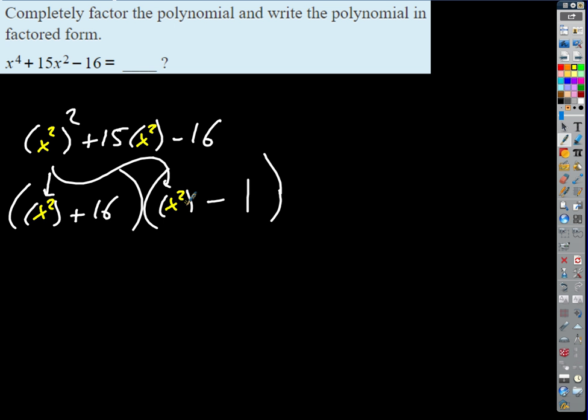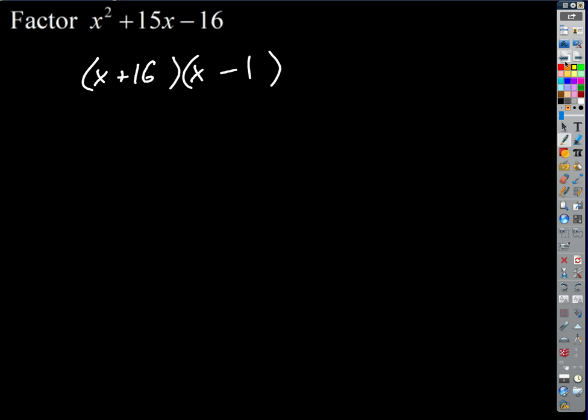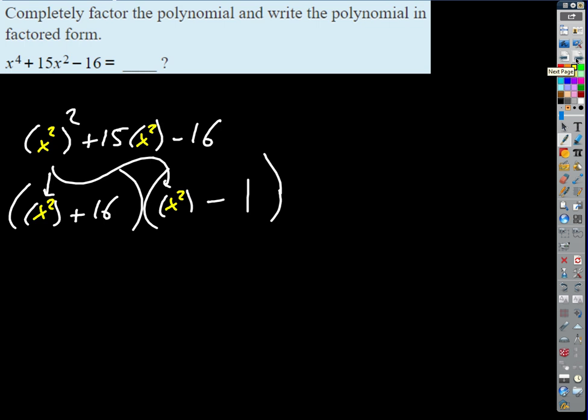This is the exact same problem that we did back in Unit 2, only here we had packets of x. We had an x being squared and an x being multiplied by 15. In this case, we're doing the same process, but with packets of x squared instead of just a plain old x, right? So when we factor it, we get to here.